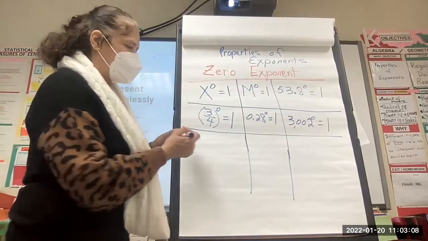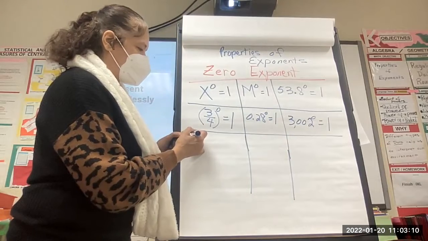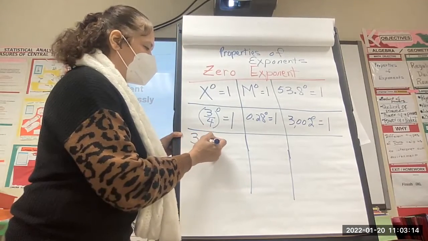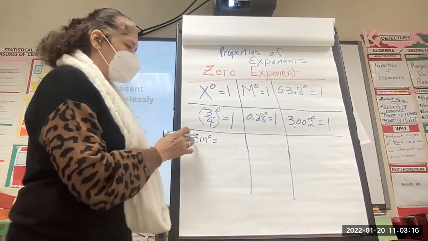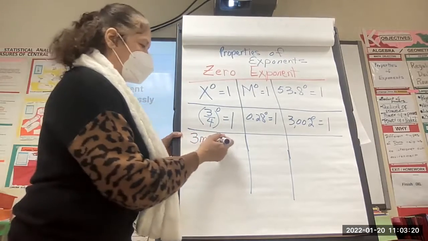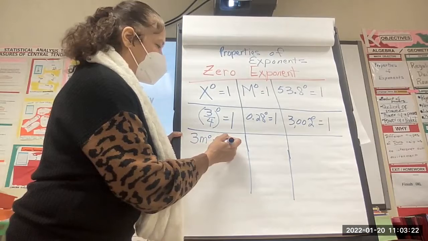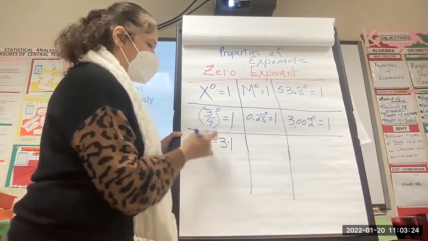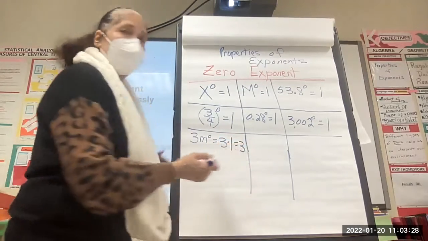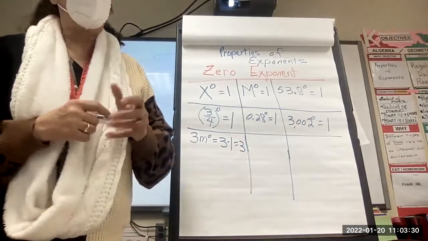But I want to point something out to you. Suppose I gave you 3m to the 0 power. Well, this means 3 times the value of m to the 0 power. So that's 3 times 1, because m to the 0 is 1, and 3 times 1 is 3. Now let's take a second look at this.